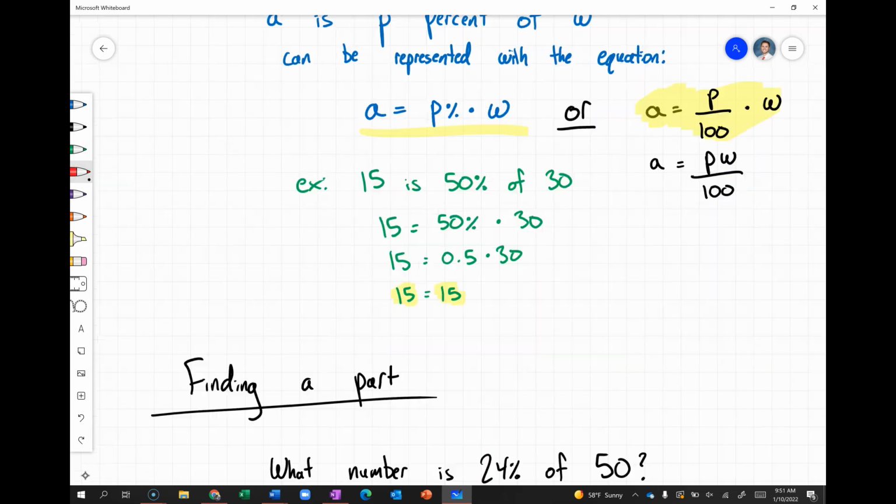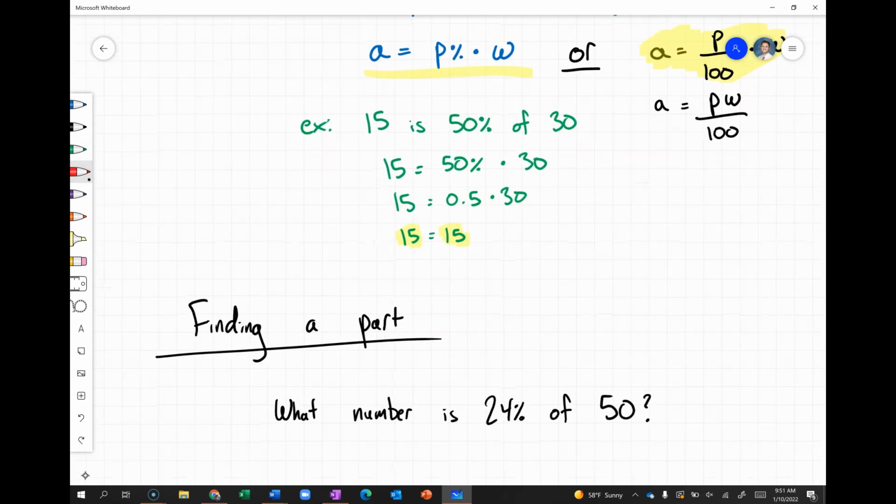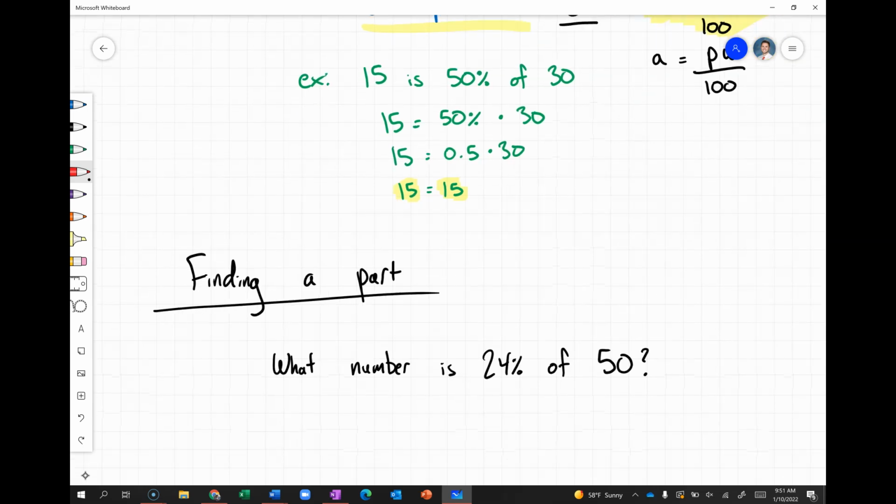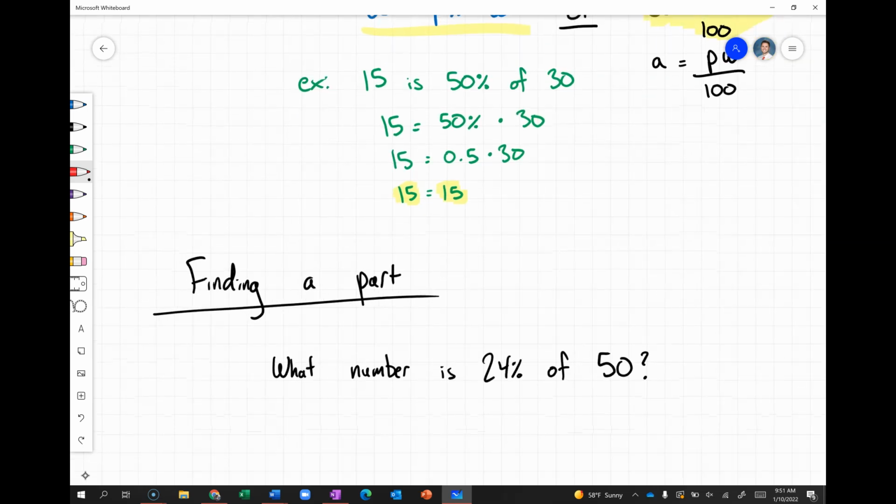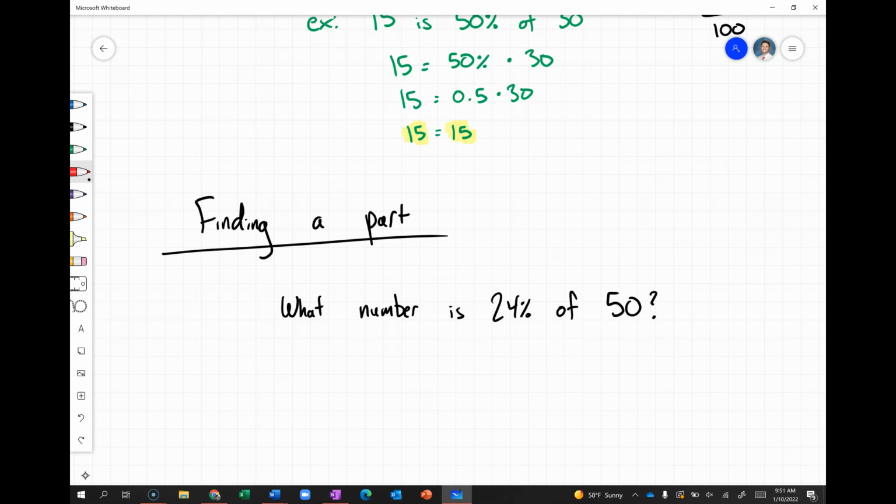So let's look at this first one, finding a part. We want to know what number is 24% of 50. So again, that would be A equals 24% times 50. And again, we need to write that percent as either a fraction or a decimal. So we could write A equals 0.24 times 50.